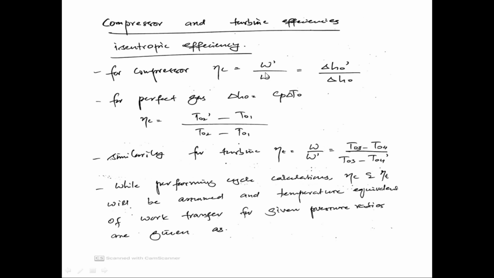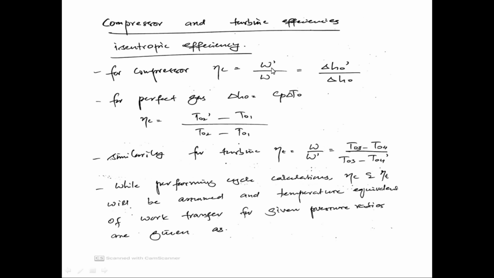Isentropic work consumed can be written in terms of enthalpy as the change in the stagnation enthalpy isentropically divided by the change in the stagnation enthalpy actually. So this is the ratio of the isentropic work consumed divided by the actual work consumed.